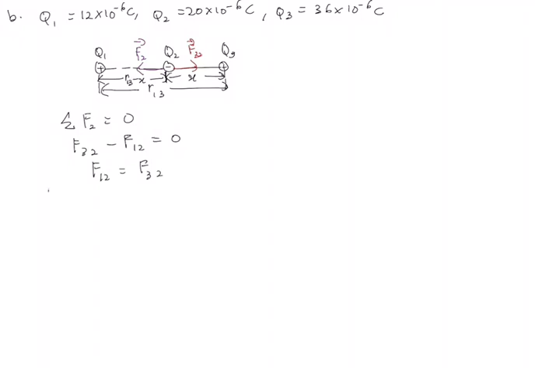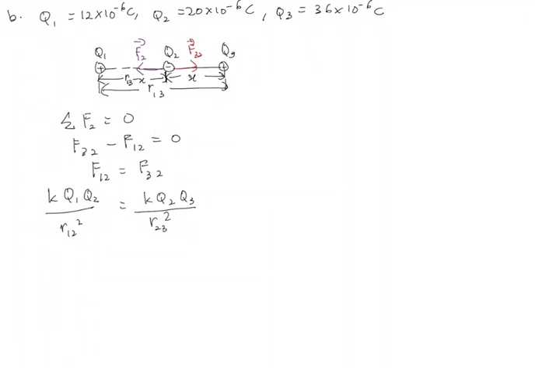So k Q1 Q2 over R12 squared equals k Q2 Q3 over R23 squared.